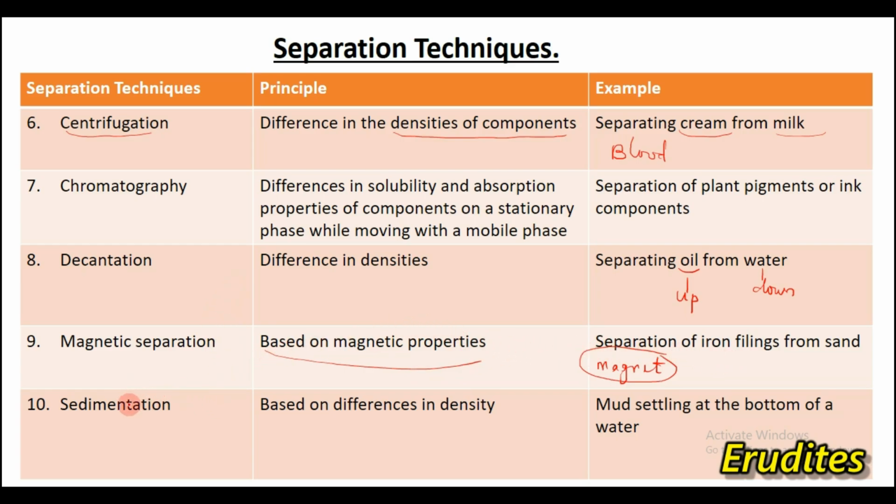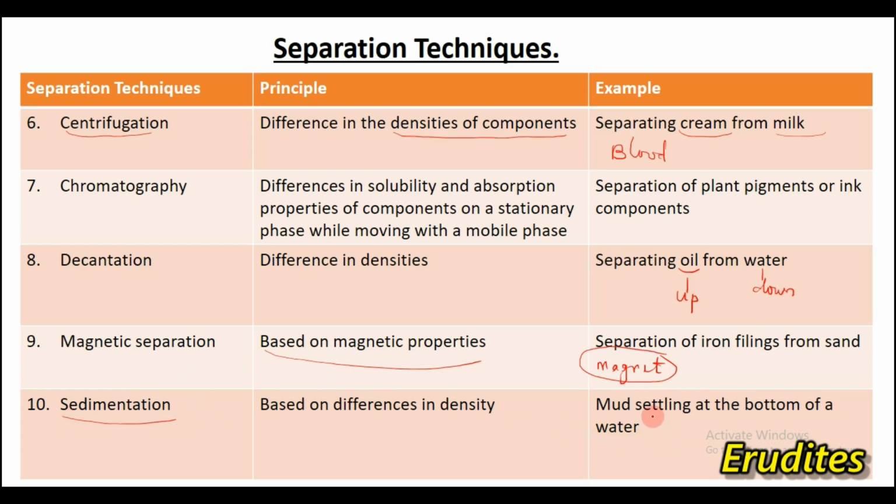Another separation technique we have here is sedimentation, and this is based on the difference in density. For example, mud settling at the bottom of water is an example of sedimentation.